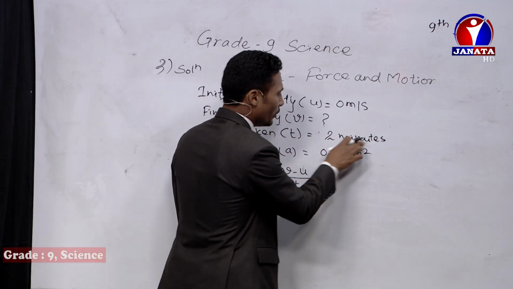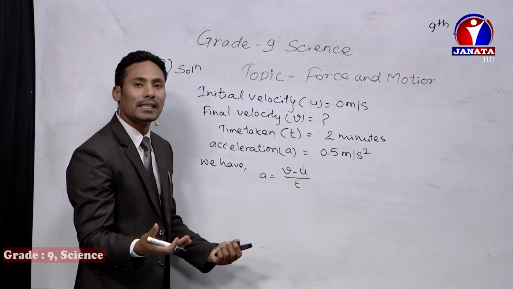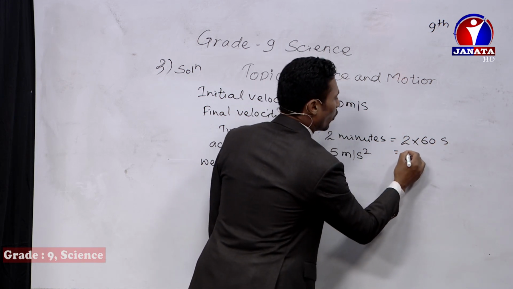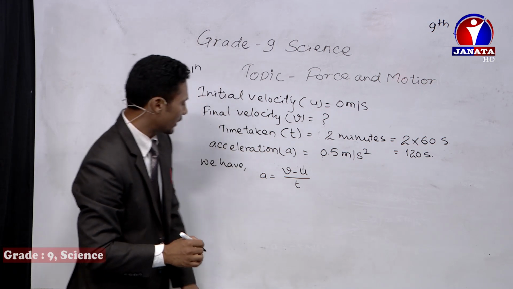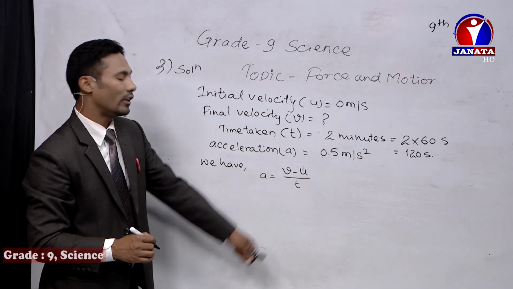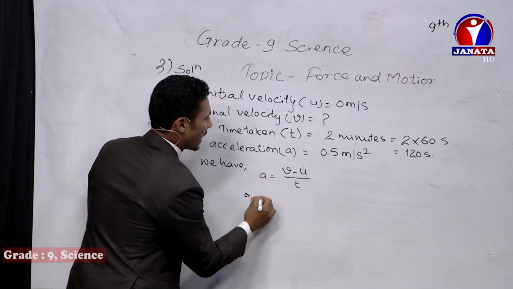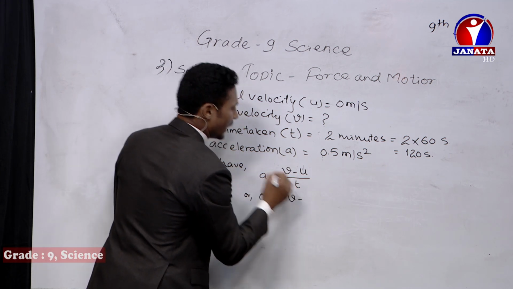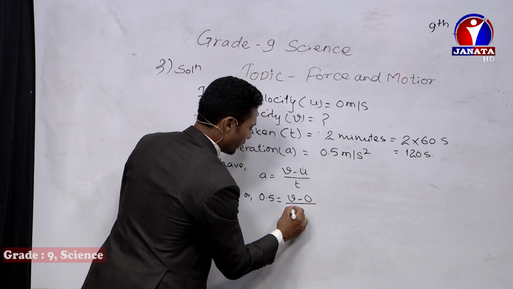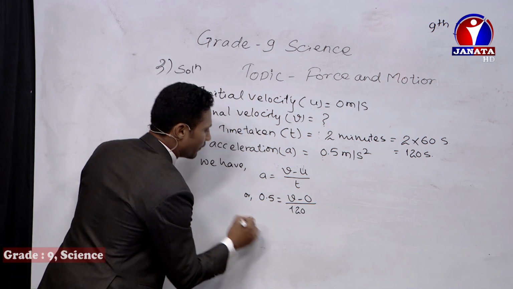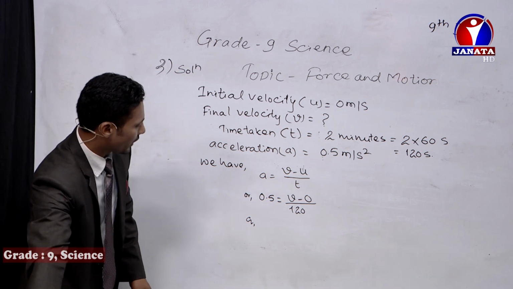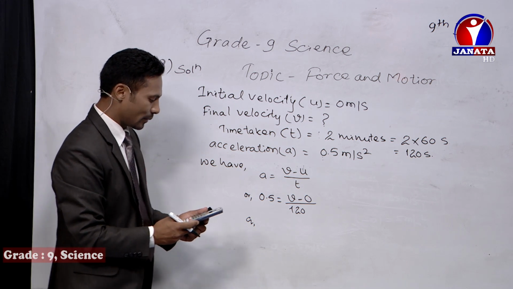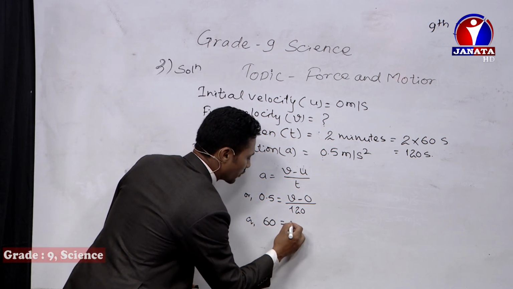Here 2 minutes is given, which is not in the SI system of units. That's why we need to change this into the SI unit, that is 2 into 60, which is 120 seconds. The formula is the same, a equals v minus u by t. Acceleration is 0.5, final velocity v we need to calculate, initial velocity is 0, time is 120 seconds. 120 into 0.5 gives 60, so 60 equals v.